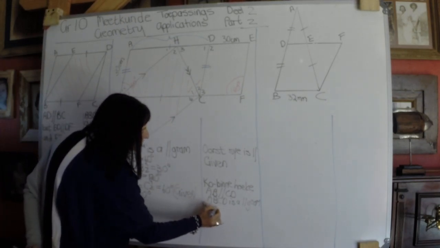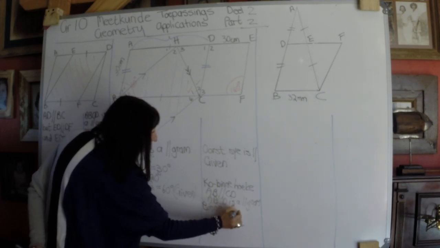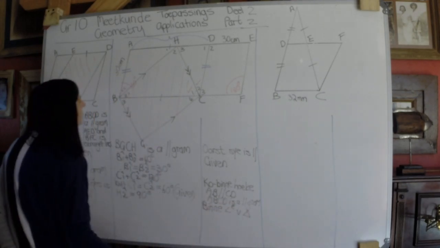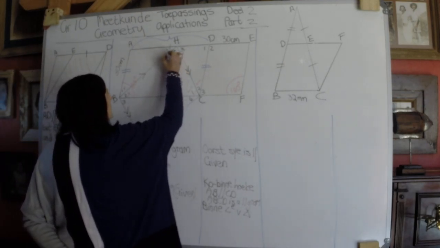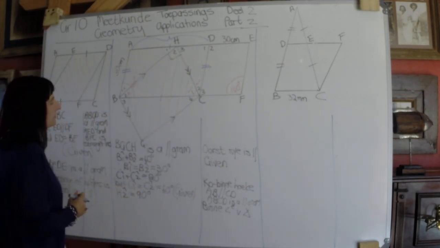Binne hoeke van 'n driehoek. That equals 90 degrees. Interior angles of a triangle.